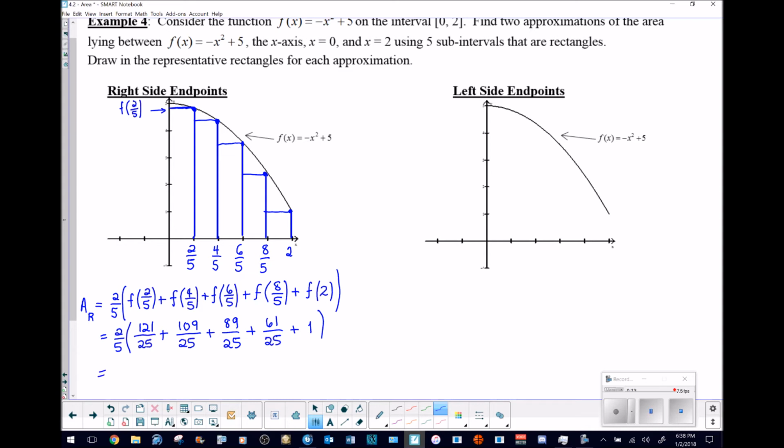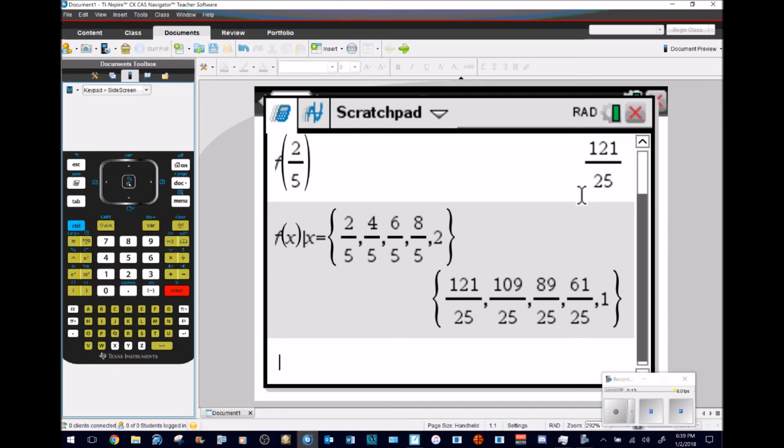So I'm going to keep that width of 2/5 out in front and just focus on what the sum of these 5 fractional values, these 4 fractions and 1, is going to be. So if I return to the Inspire, a really clever way I've discovered to do that involves doing a little cutting and pasting. So essentially, I want to take the 5 values in these braces.